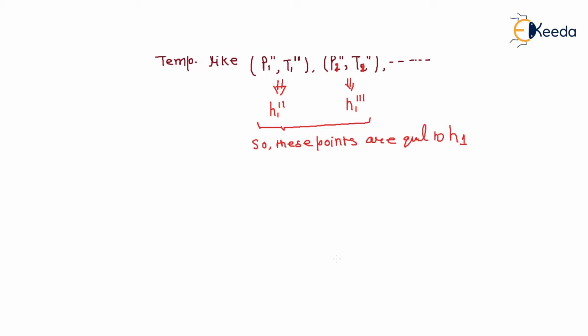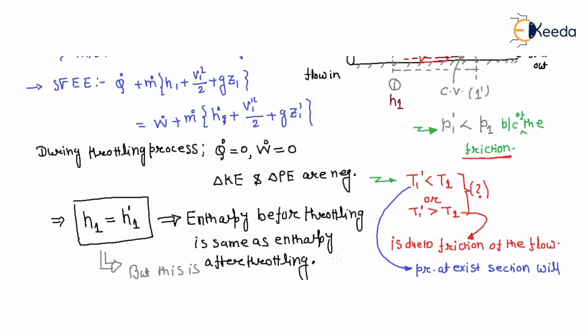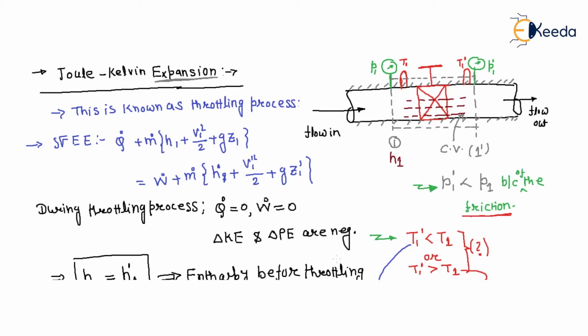So this is set number one. Again, the fluid is flowing at a different pressure and temperature at the inlet, measure H2, and again if you partially close the valve, corresponding to that pressure and temperature, you again measure the exit pressure at a different level. So again the H2 set will be available.